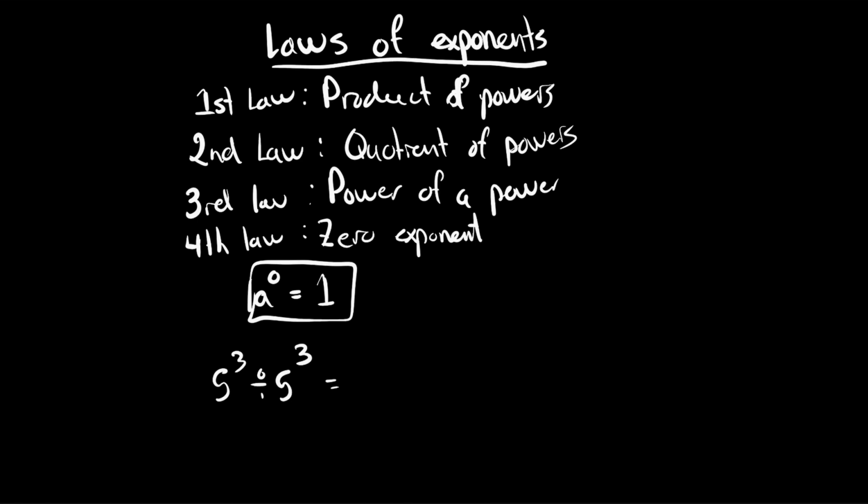Now if we follow the second law, that gives us 5 to the power of 3 minus 3, right? We remember that the second law says that if we have a division between two powers, we just subtract the two exponents. That gives us 5 to the power of 0, which, if we follow the fourth law, is equal to 1.